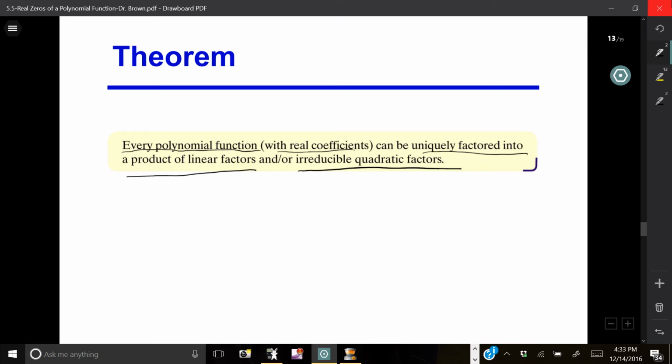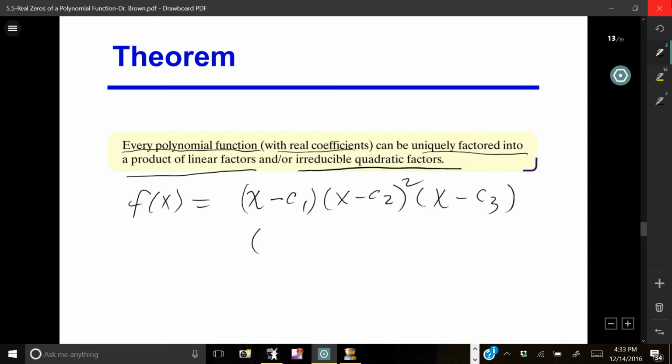So you may end up seeing f of x factored into, say, x minus c1, x minus c2, that could be a double zero, x minus c3, and then maybe x squared plus c4 squared, x squared plus, say, c5 squared.